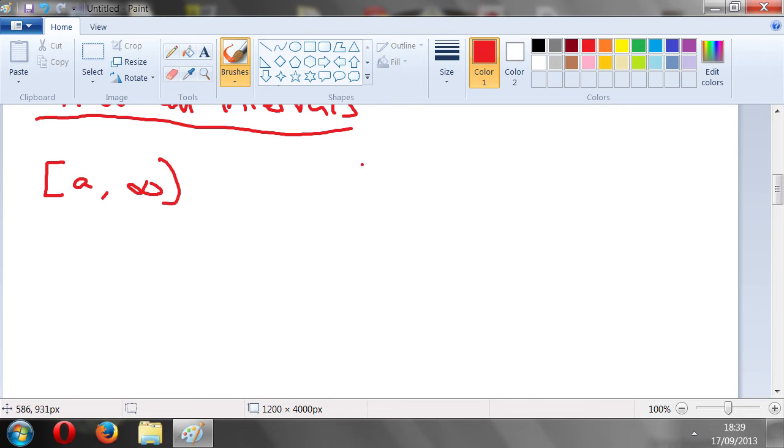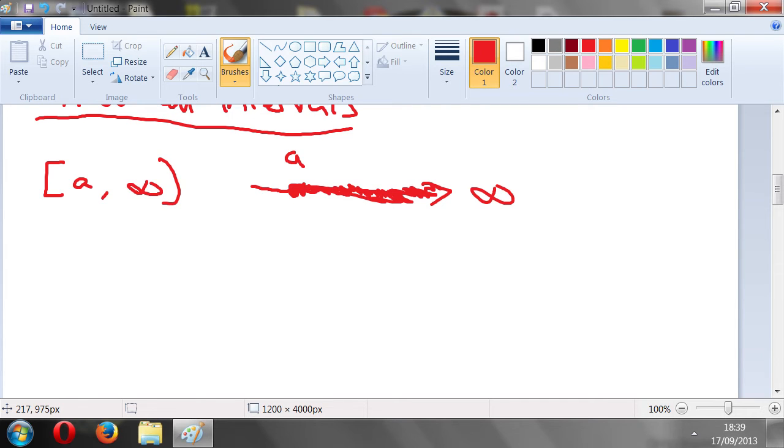So here we'll have A again, and for these ones I will label them. It's going to go off, and we could just mention that this bit to the left of A is not included. So anything from A as a start point all the way to infinity is included. It's not a real number, but if it were, it would go out all the way.